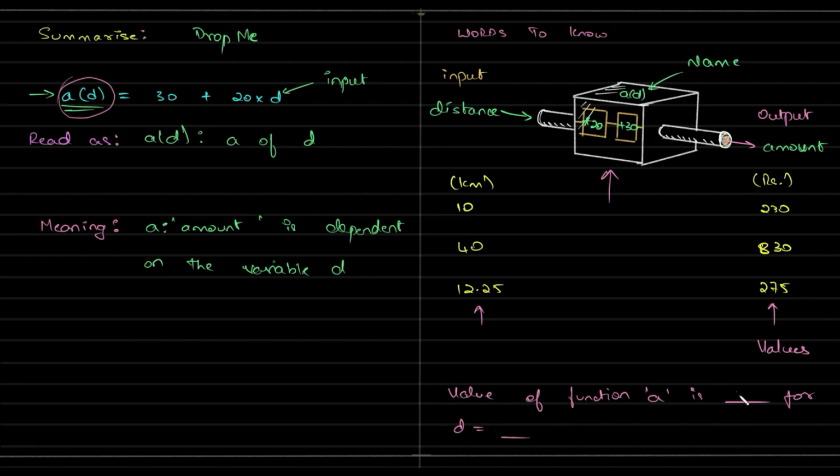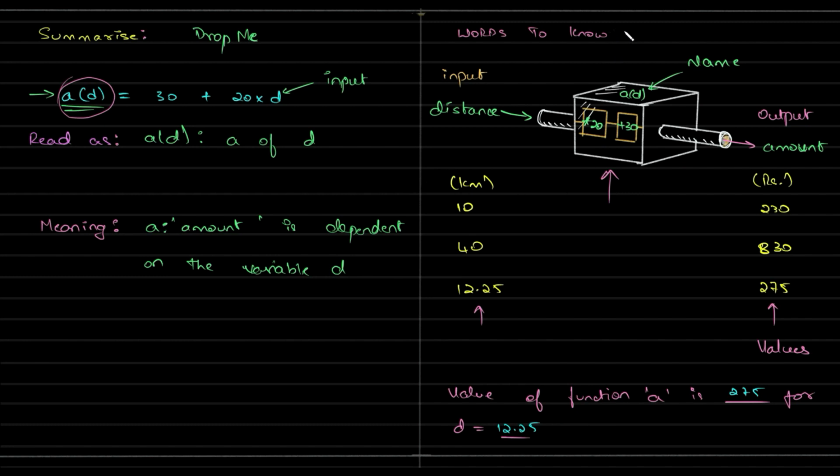For example, the value of function A is 230 for D being equal to 10. This is the language. The value of the function A is 275 for D being equal to 12.25. You got it? Value is nothing but a particular output for a particular input.